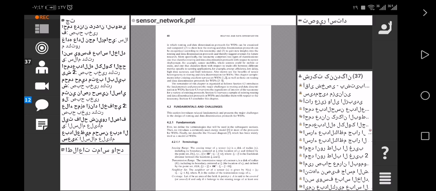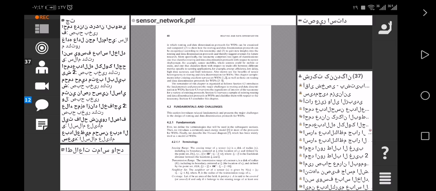Coverage. We say that capital A is an area. A point P belonging to this area A is said to be covered or sensed if and only if it belongs to the sensing range of at least one sensor.